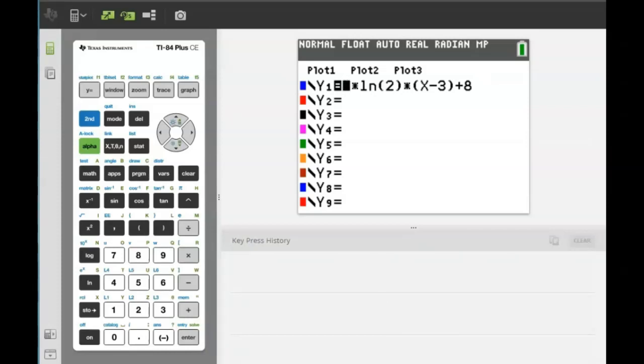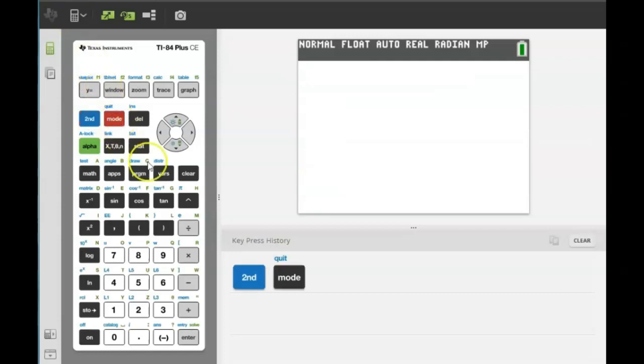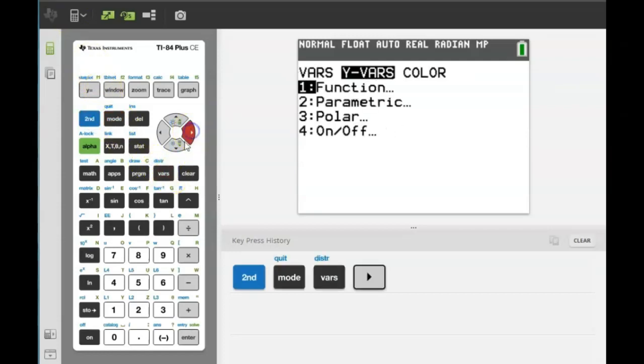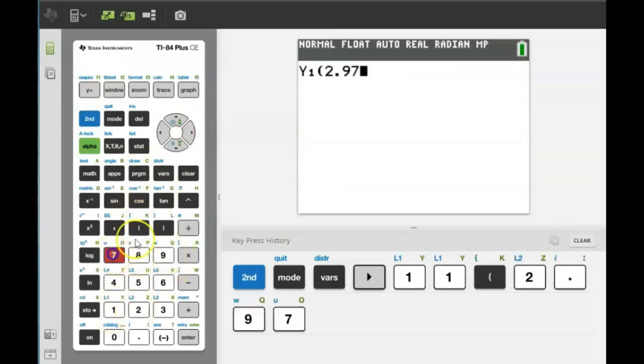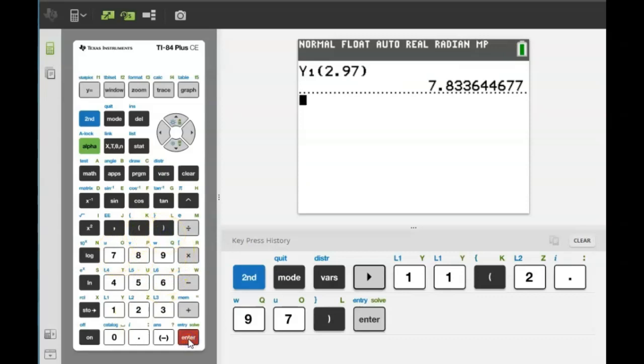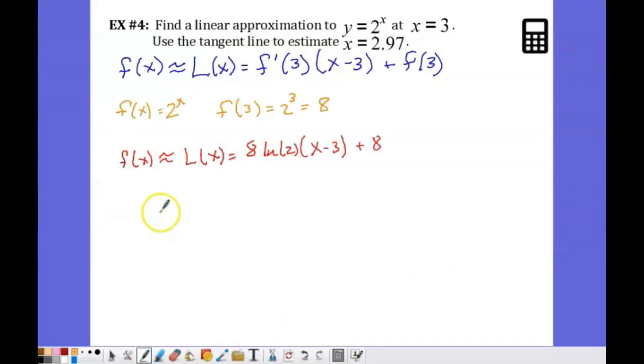Press second quit, and then vars, yvars, function y1, open parenthesis 2.97, close parenthesis, enter. This gives us our approximation, 7.83364. So f of 2.97 is approximately L of 2.97, which is approximately 7.83364.